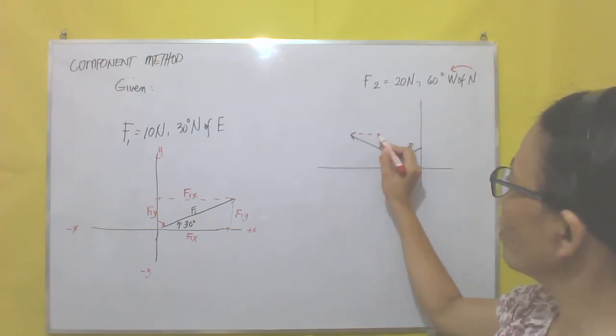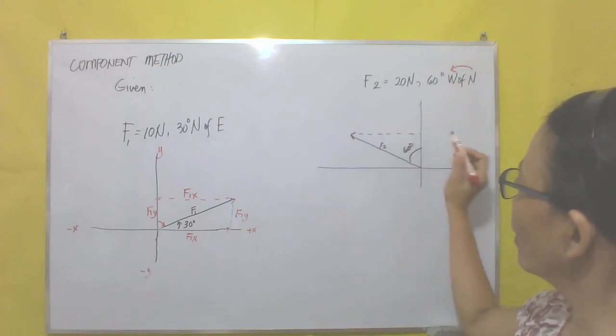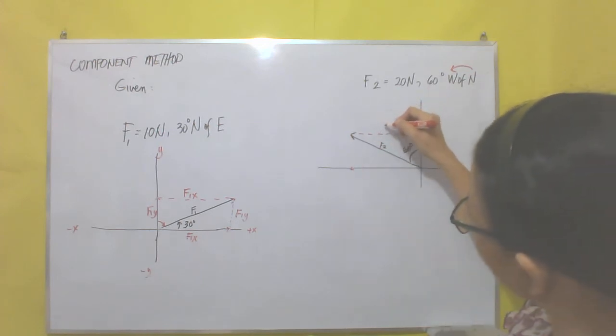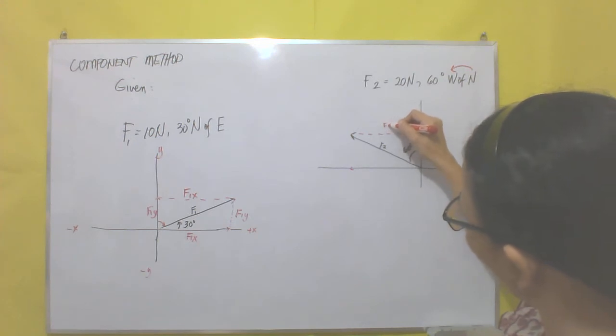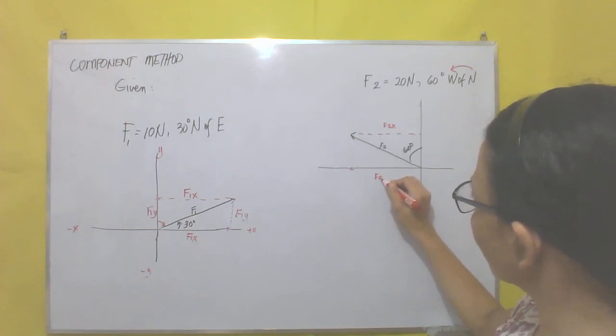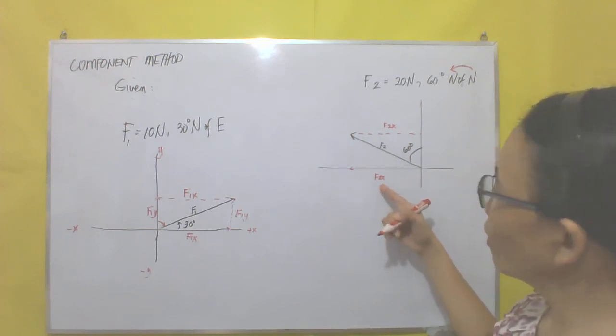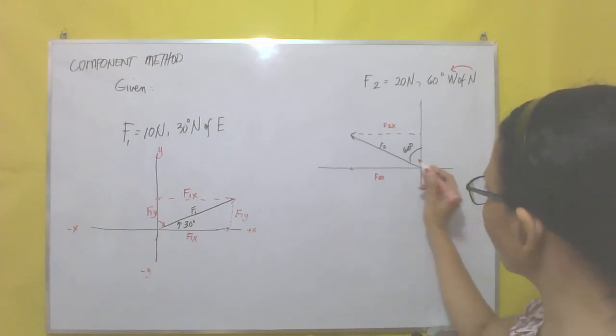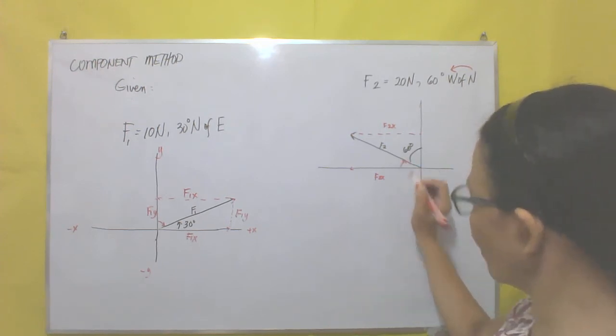Next, let us draw the x and y components. Just draw a broken line here. And of course, this is our F2x parallel to this x-axis. So this is still F2x if we're going to use this angle here.